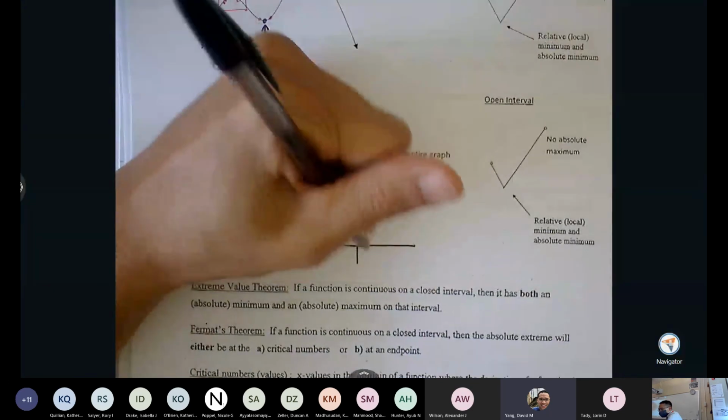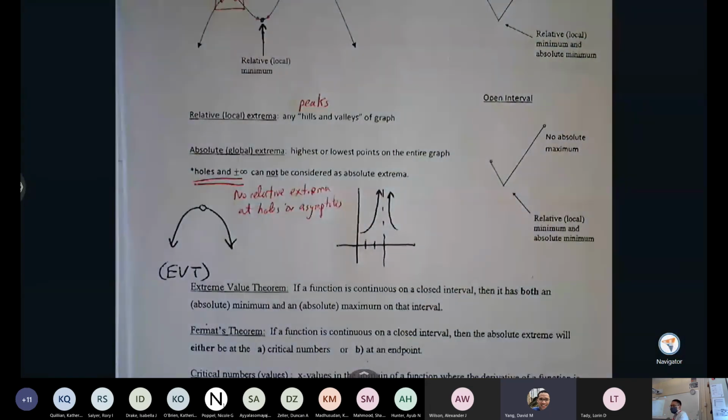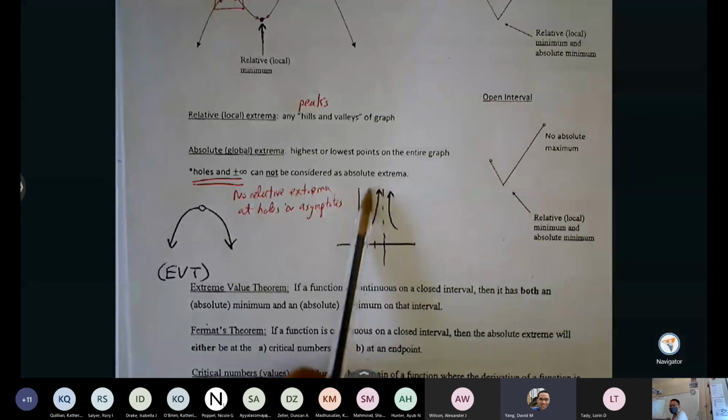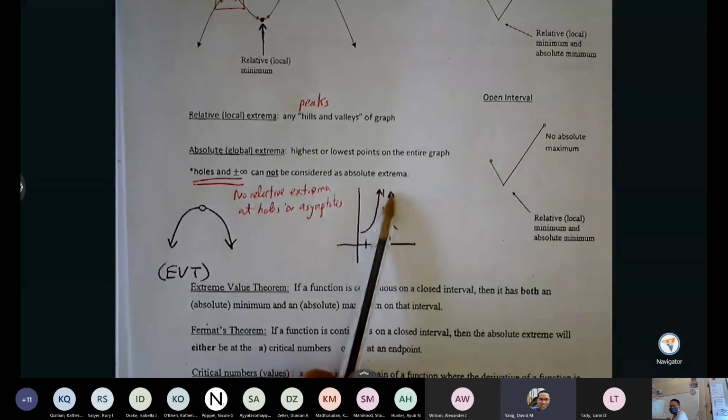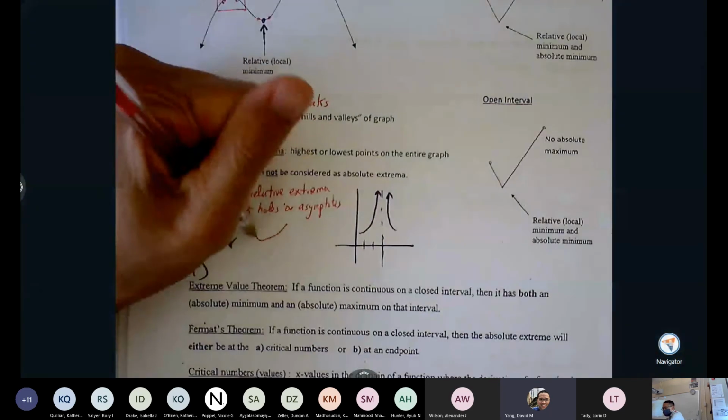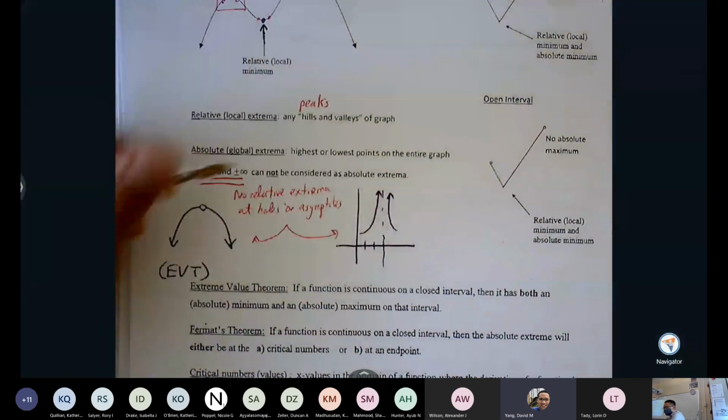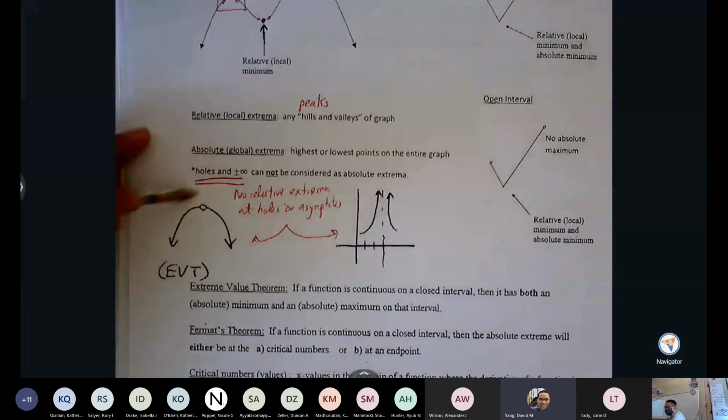So if my graph looks like this, right? Infinity is not considered an absolute max. So there's no absolute extrema here, and there's no absolute extrema here either.